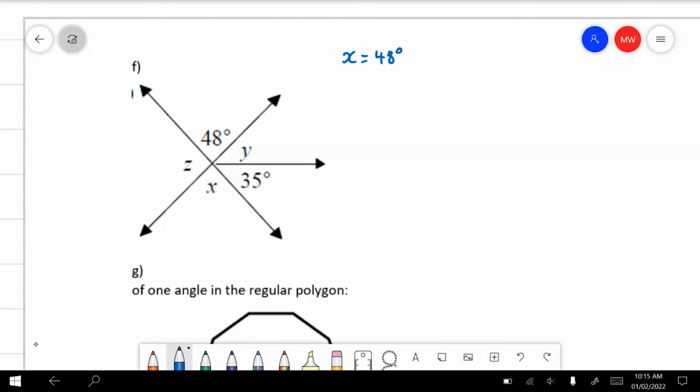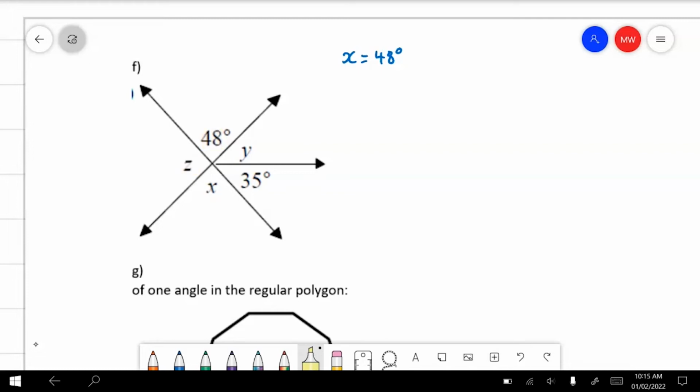And then we'll have a look at solving for z. So I can see that z and 48 would make up 180 degrees because they're supplementary angles.